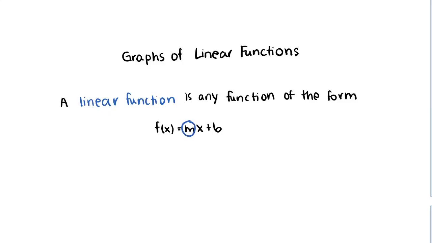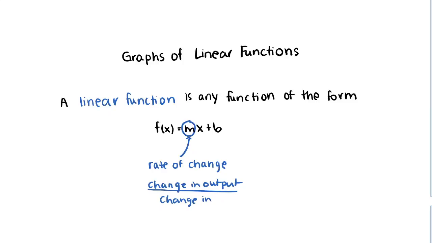We said that this coefficient of our input variable, for a linear function, is the rate of change of our function, right? So the change in the output of our function divided by the change in the input of our function.